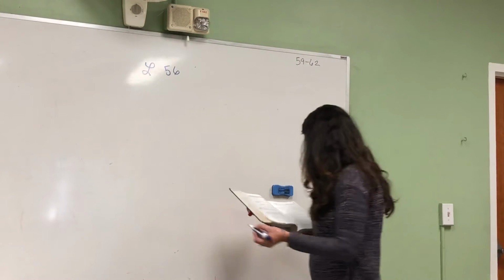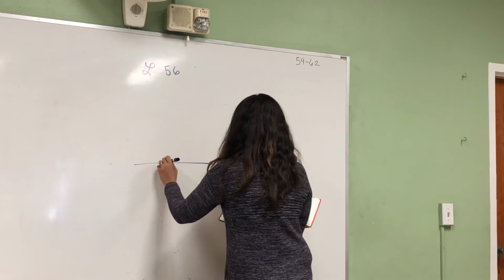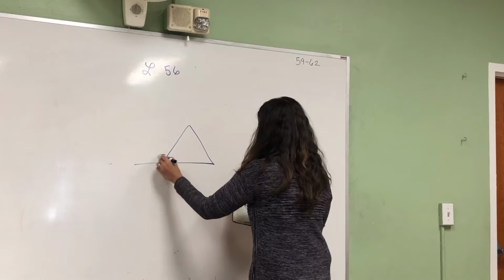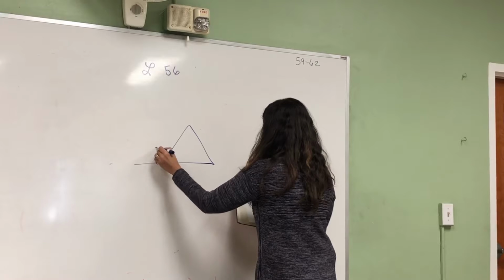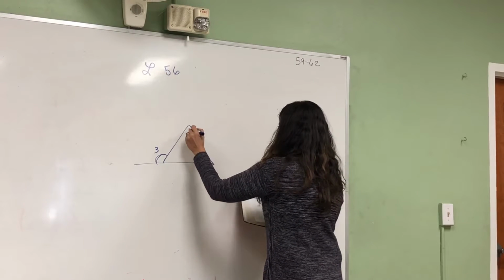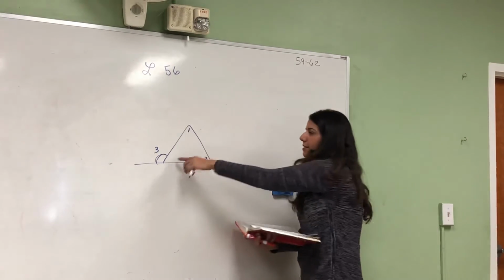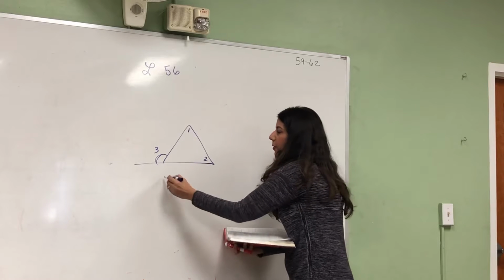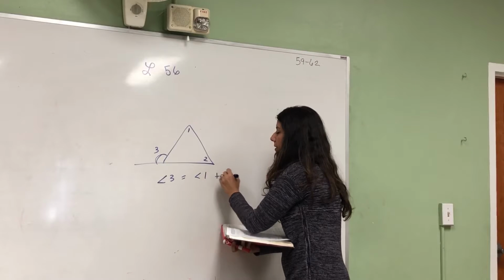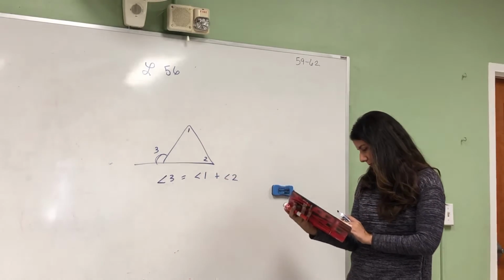But basically what it boils down to is if you have an exterior angle like this, it is equal to the sum of the two remote interior angles. When I say remote, it means not that one, okay? So angle 3 equals angle 1 plus angle 2.